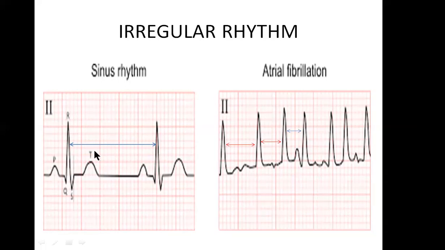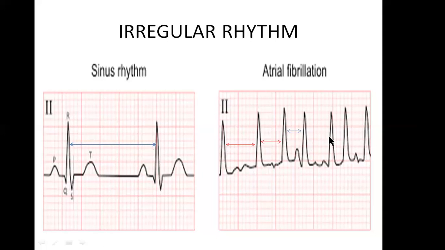Because when there is AV dissociation, you will see the P waves and T waves, and you will have to distinguish between the P's and the T's. The T will be healthier than the P wave. So you should just remember this for future reference.